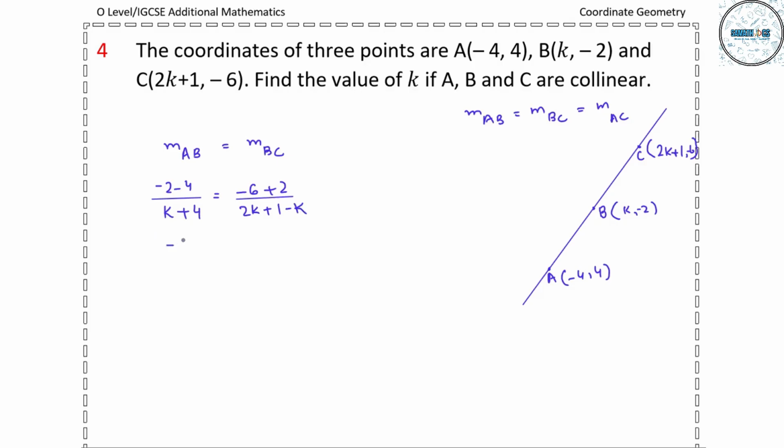Minus 2 minus 4 is minus 6 upon k plus 4 is equal to minus 4 upon k plus 1.